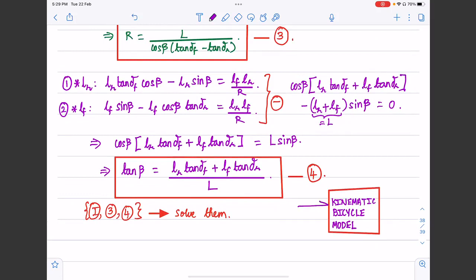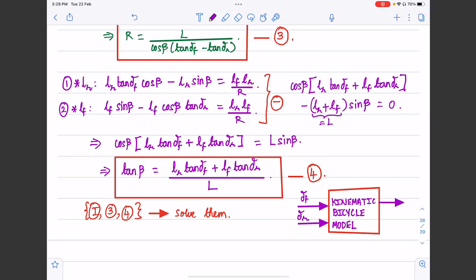So for the kinematic bicycle model, the inputs will be delta F and delta R if applicable. If delta R is 0, it can be substituted as 0 and things will simplify. And what will be the outputs? We have the positions X, Y, and psi.